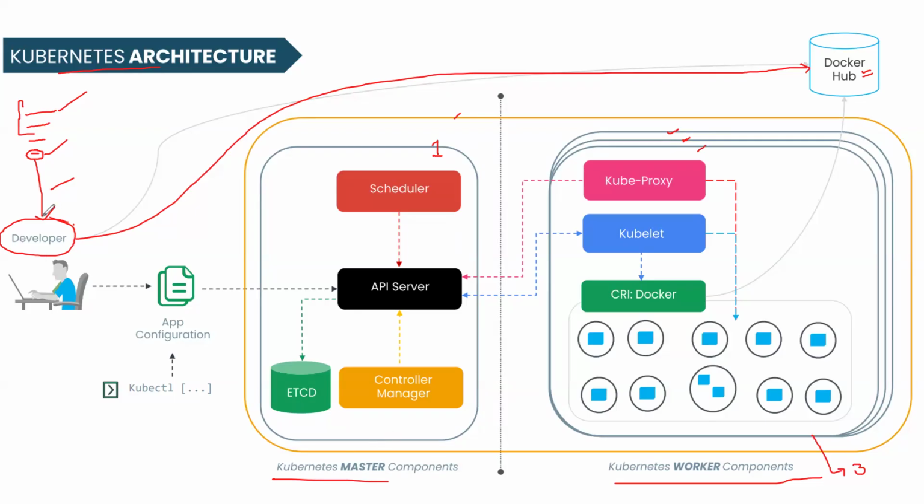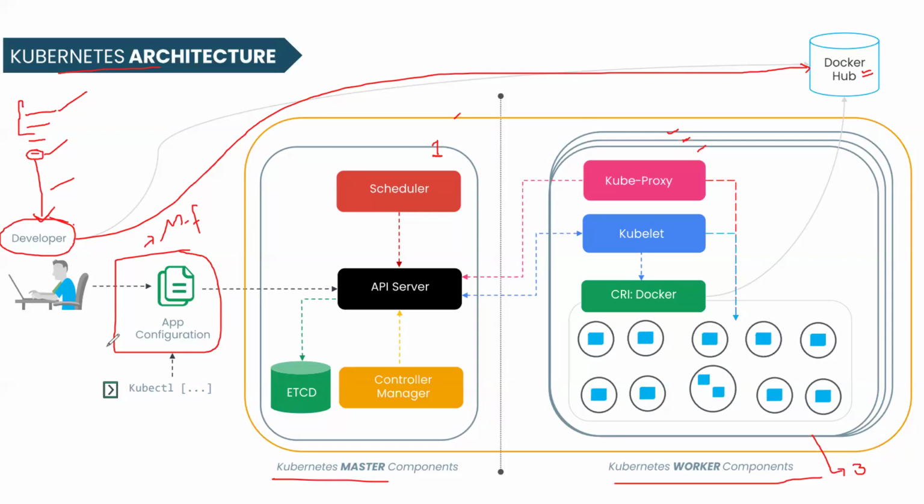Now, once the developer publishes the image to the container registry, they will prepare the application configuration file. This is what we call a manifest file. Remember, in Docker Compose, we wrote a manifest file, right? That talks about the properties of a container, the services, images, and all.